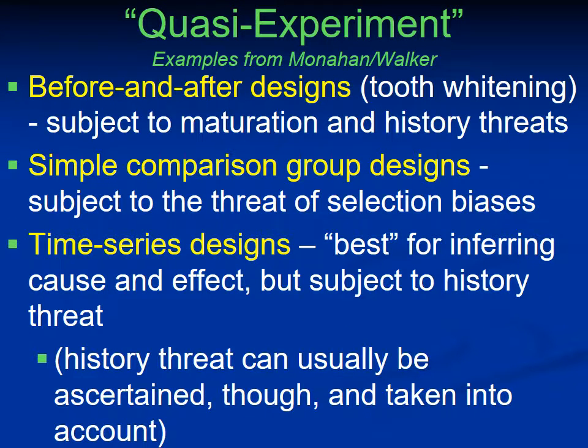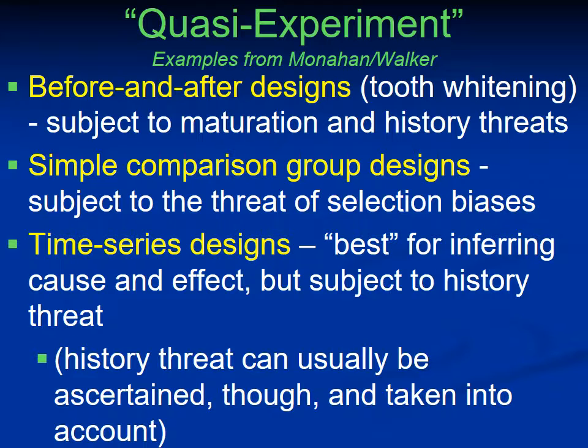I have on this slide some of the quasi-experiment examples from the Monahan and Walker book. You know, some of these would be considered not very sophisticated quasi-experiments. So the before and after experimental designs, where you just take an individual or even a group, you subject them to something, and then you measure some variable.